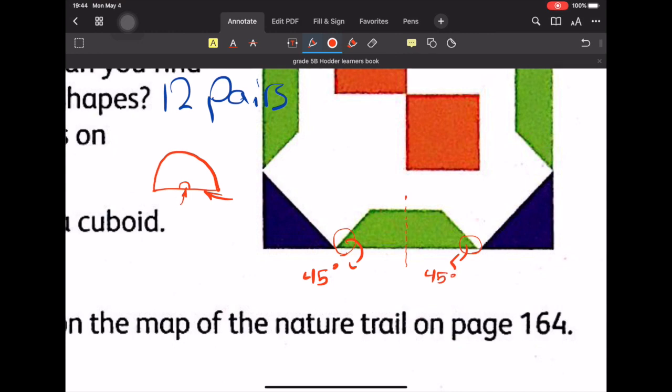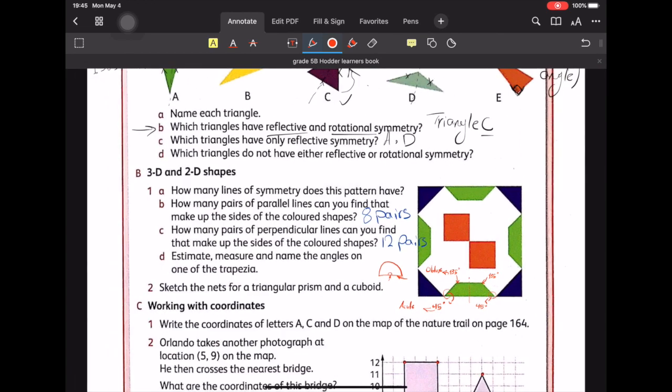And if you measure this angle, you will end up with 135 degrees. In other words, if we want to name these angles, 45 degrees is an acute angle, and 135 is an obtuse angle.